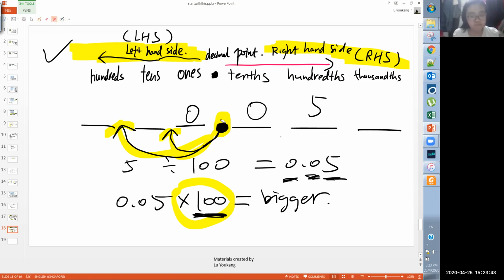So that means my decimal point is no longer here because it already moved 2 places. It should be here because like you say, it moves to the left for 2 places. So can you see that? If your decimal point is here, what is this position now?